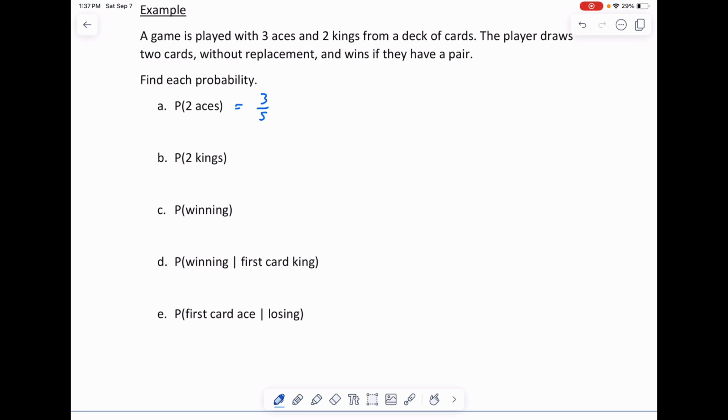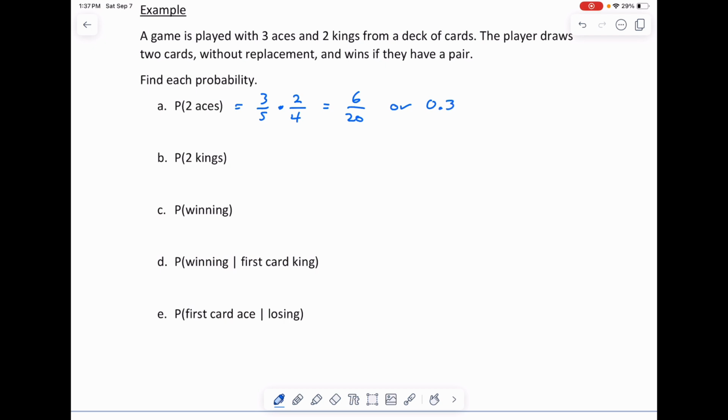Assuming that I've already drawn an ace on that first time, there are only 2 aces left in the deck out of 4 total cards. And because this is an and situation, I want an ace and an ace, I'm going to simply multiply those 2 things together. And I have a 6 out of 20 probability of winning with 2 aces, or 0.3.